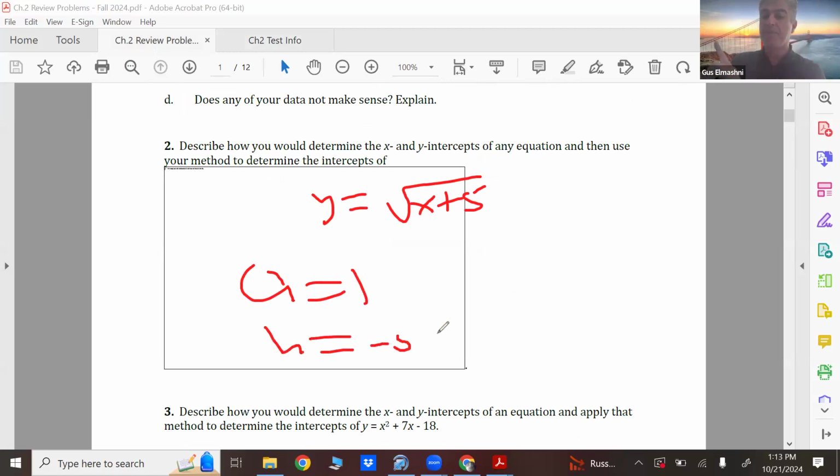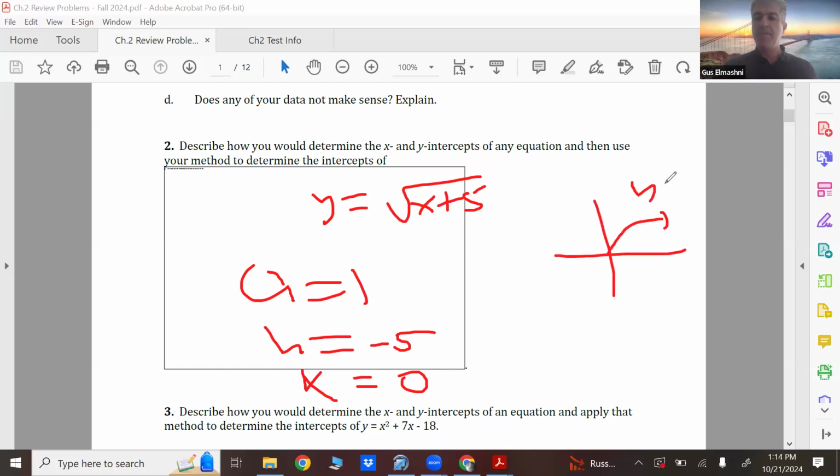Negative 5. It's always opposite. Am I adding anything on the outside? Is there any k value? So it doesn't do this, it doesn't do this, but it does this. So it's going 5 left. So if that's root x, then that's root of x plus 5. Hope that makes sense. Pretty simple to graph.